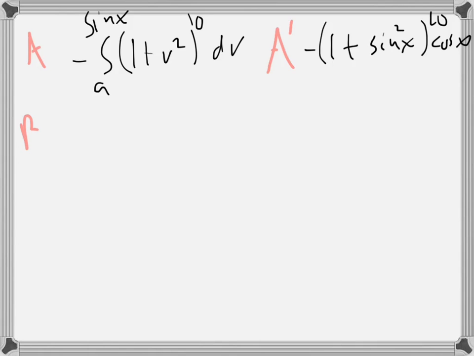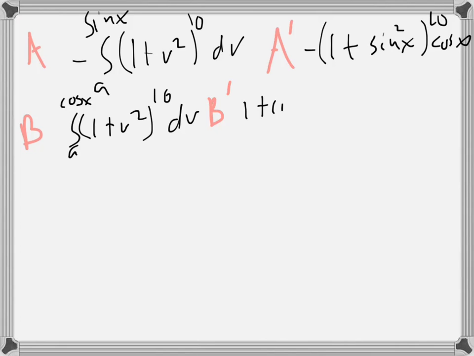And then for the second, this was the integral from a to cosine x of (1 plus v squared) all to the 10th dv. We're going to basically do the same thing. This is going to be 1 plus cosine squared x to the 10th times the derivative of cosine, which is negative sine x.